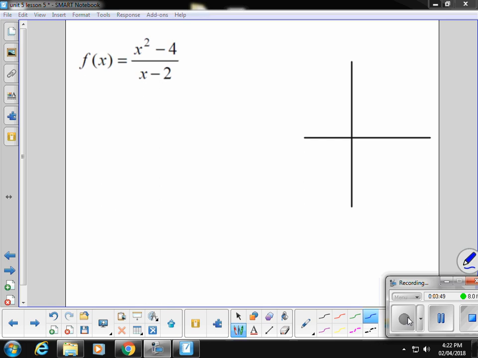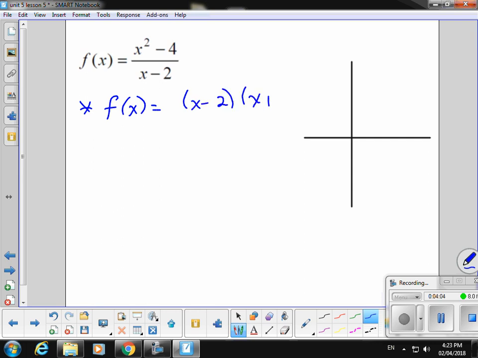When we are looking at vertical asymptotes, sorry, we are looking for zeros in the denominator. However, I just wanted to remind you from last semester that if we can divide evenly into the numerator, we don't in fact have an asymptote, we have a hole.